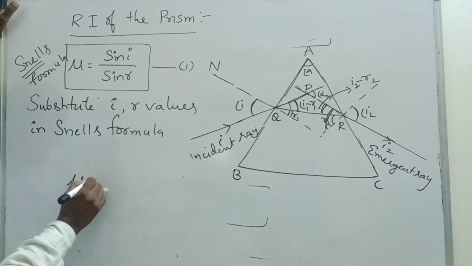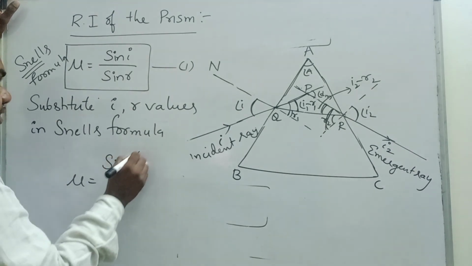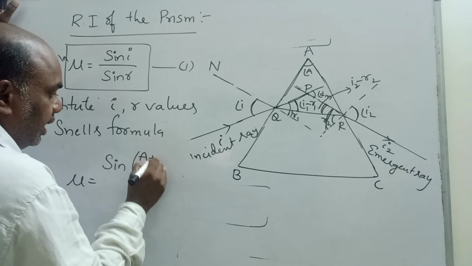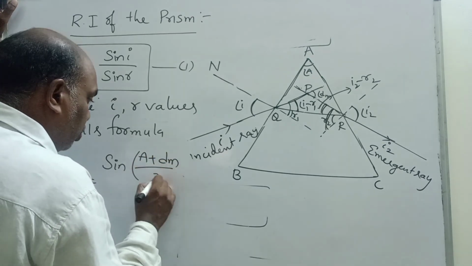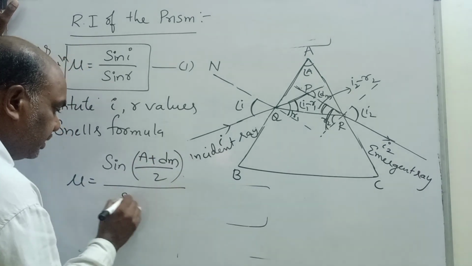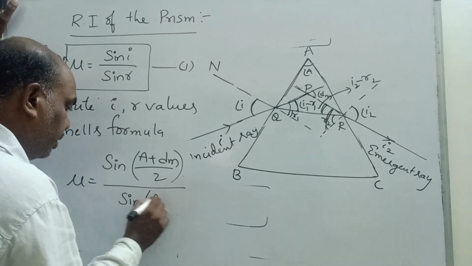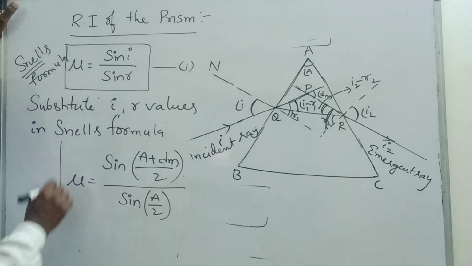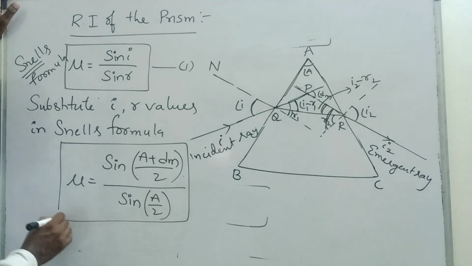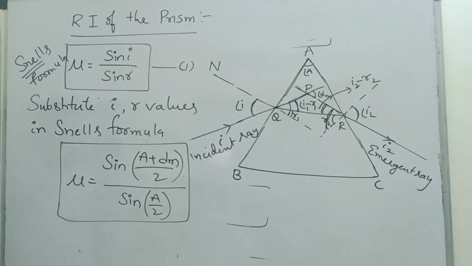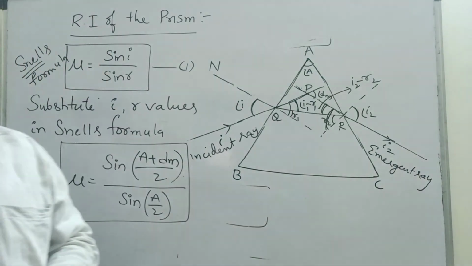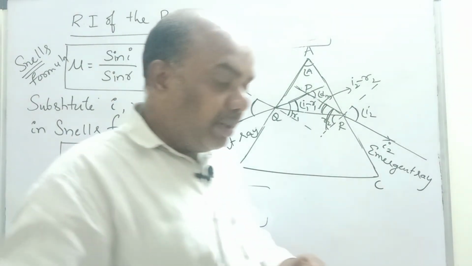Mu is equal to sine of, what is the I value? Now only we got, A plus DM by 2, divided by sine A by 2. This is the formula to find the refractive index of the prism. Any prism, you can find the refractive index easily: sine of A plus DM by 2, by sine A by 2.